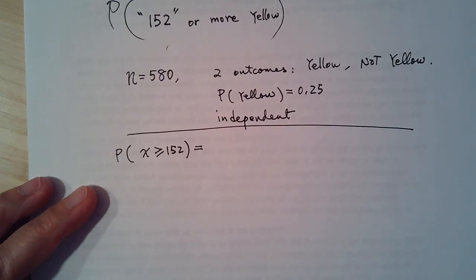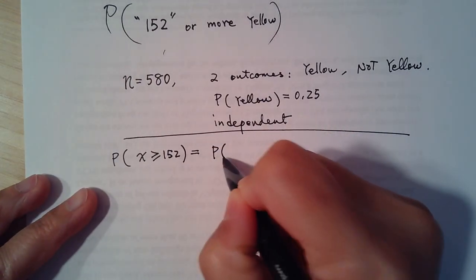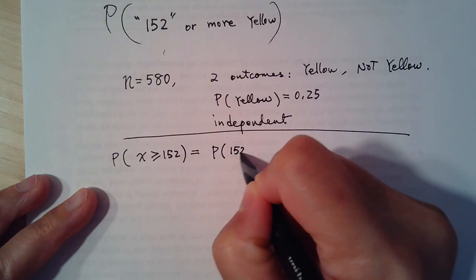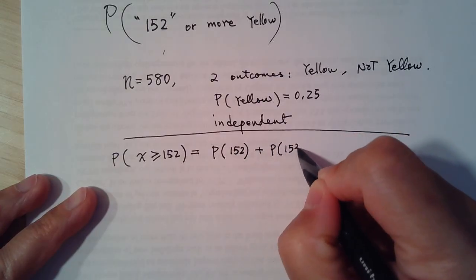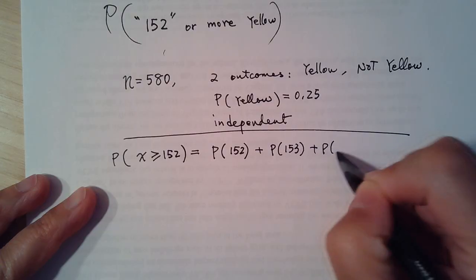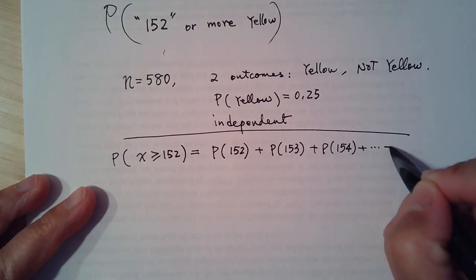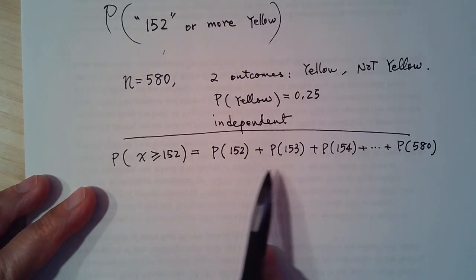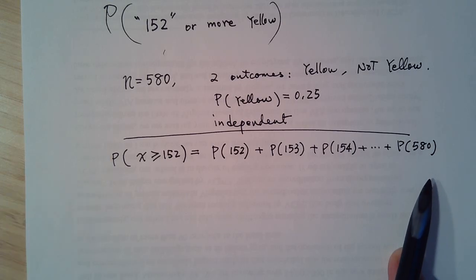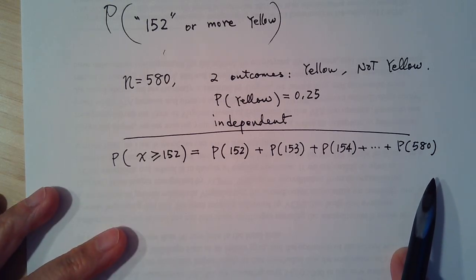If you just use the binomial probability distribution, you should have the probability of 152 plus the probability of 153 plus the probability of 154 and all the way to the probability of 580, all of them yellow. This is what you should do if you just use the binomial probability distribution to solve this problem.